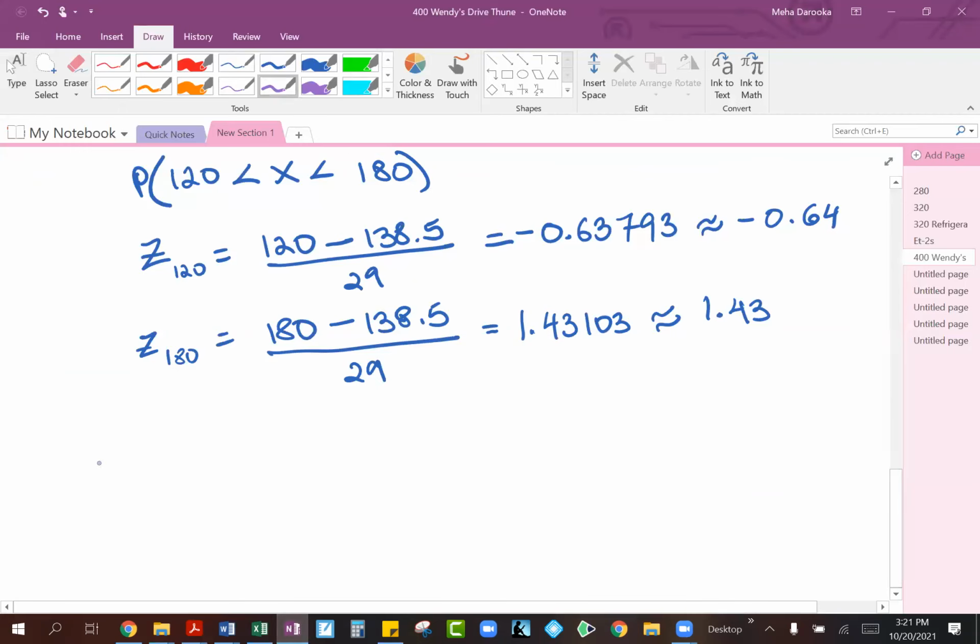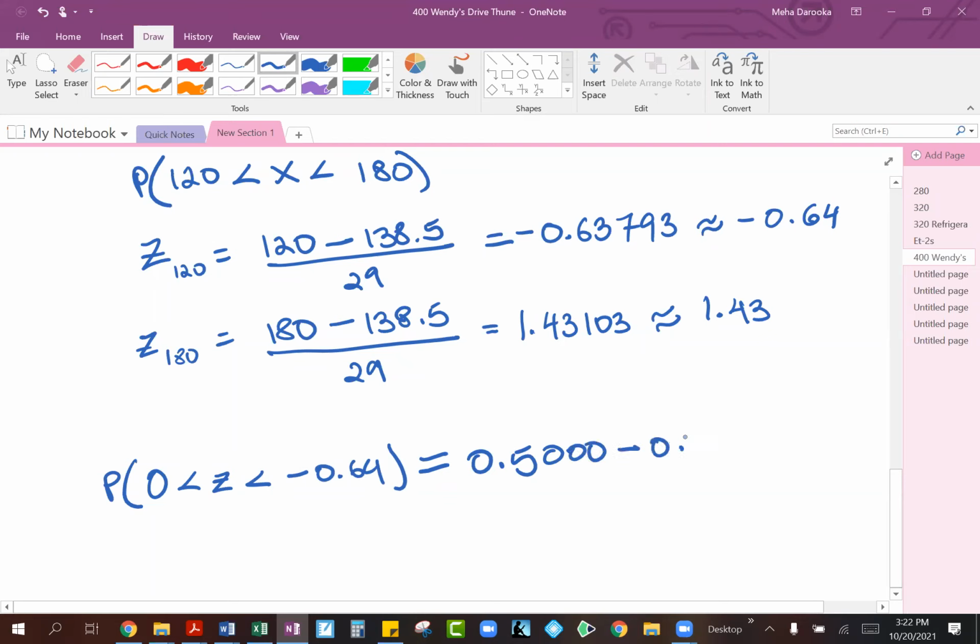So let's go back to our handout over here. So what we're actually doing is we're finding the probability between 0 and negative 0.64. So this is going to be, as Dennis put it in our chat, 0.5, and I'm just going to put that to 4 decimal places to match our values here, minus 0.2611.